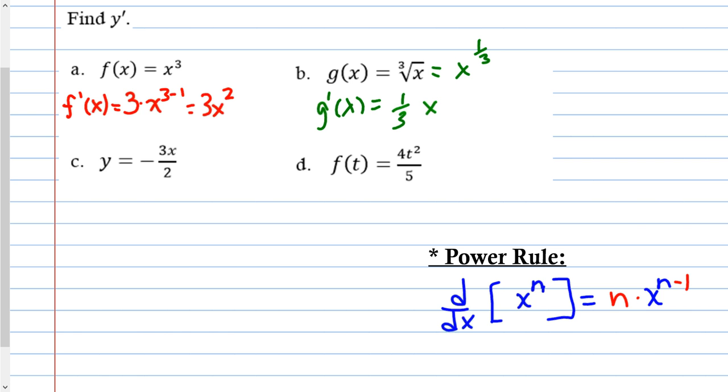I still have to subtract 1. So basically, 1/3 minus 1. But it's a fraction, so it's probably better if I work with 3/3, which does equal 1. So 1/3 minus 3/3 is -2/3. So we have -2/3.